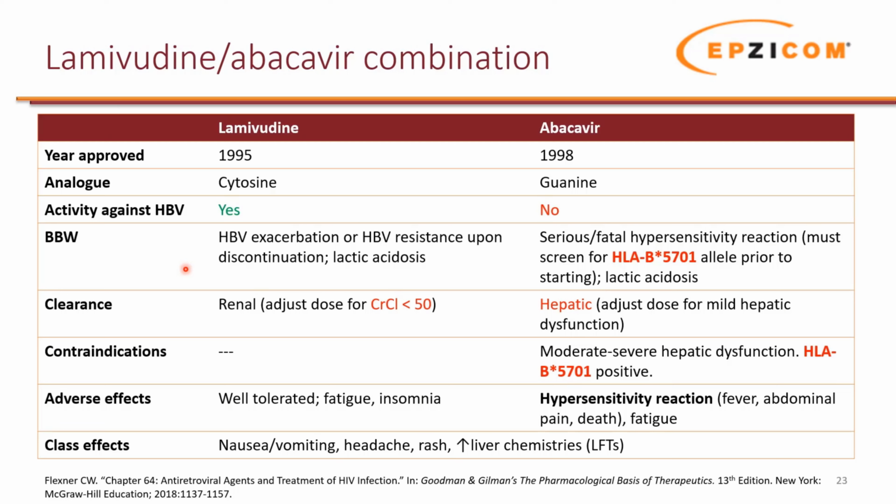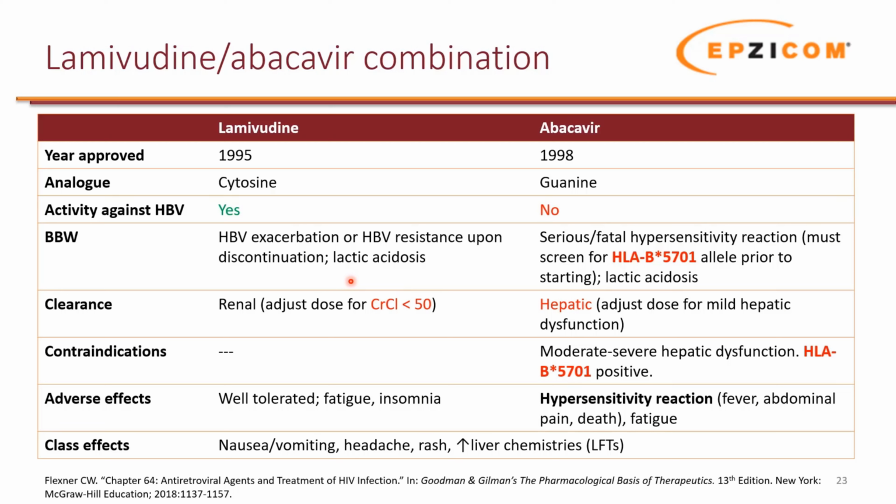Because of that, they were associated with lactic acidosis, and this became a black box warning for the entire class. So these new drugs that we use, or I should say relatively newer, compared to the drugs from the 80s, have lower affinity for mitochondrial DNA, and therefore they are not likely to cause lactic acidosis. But regardless, the FDA has this black box warning for all NRTIs.